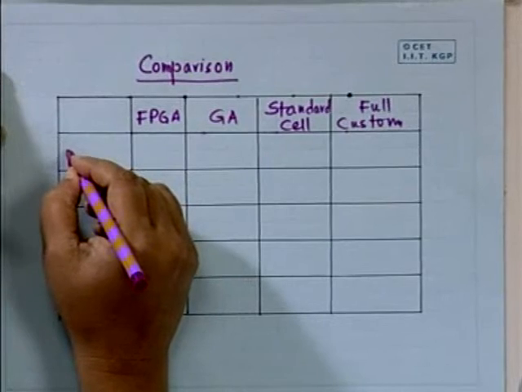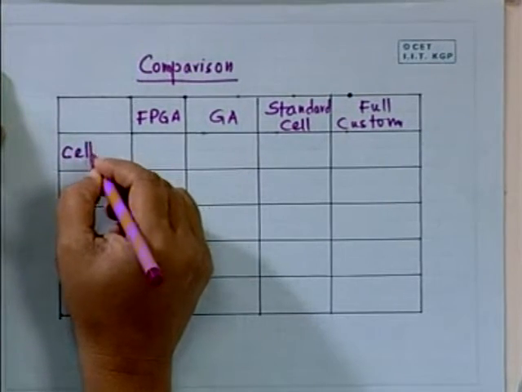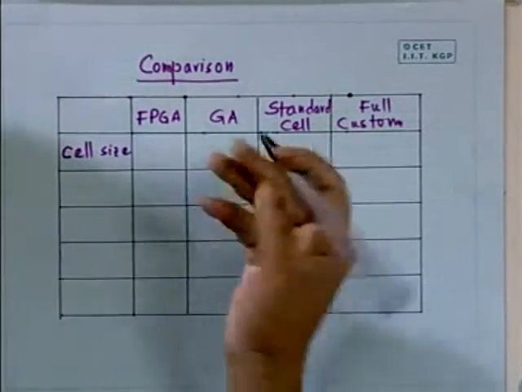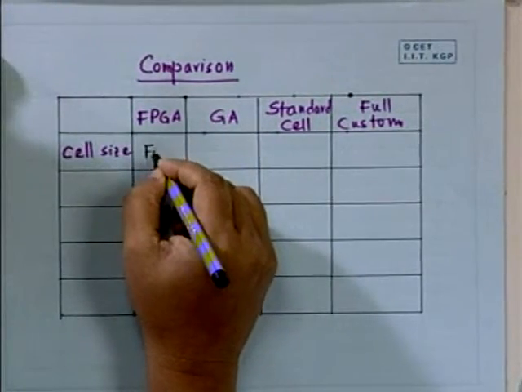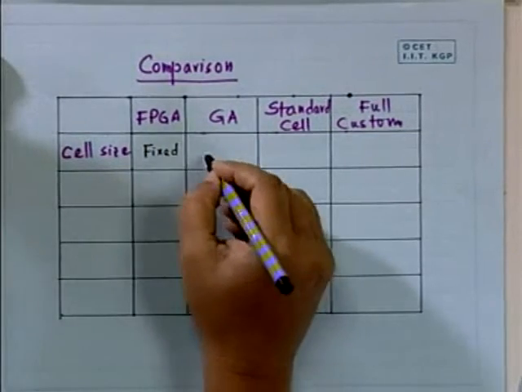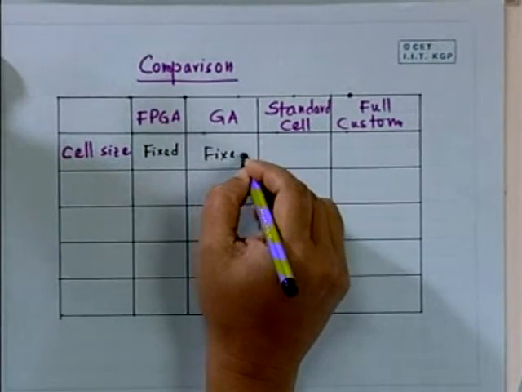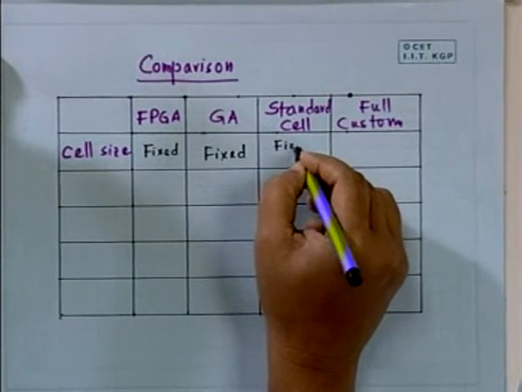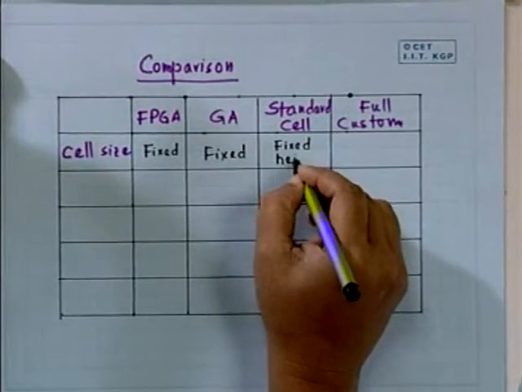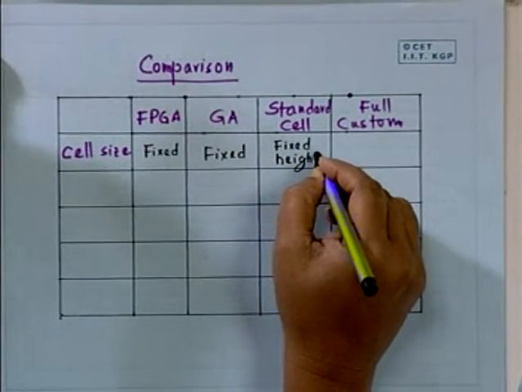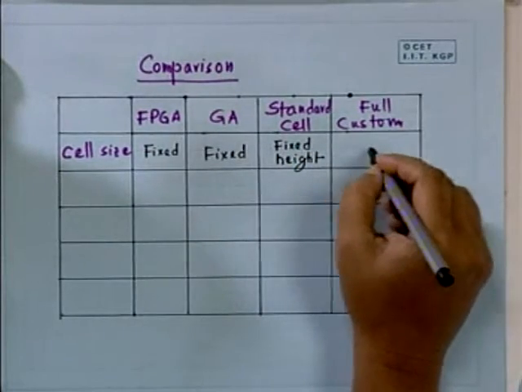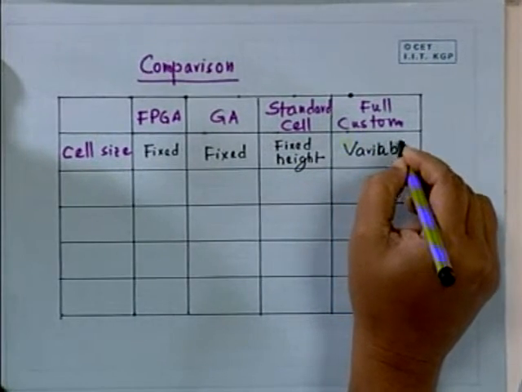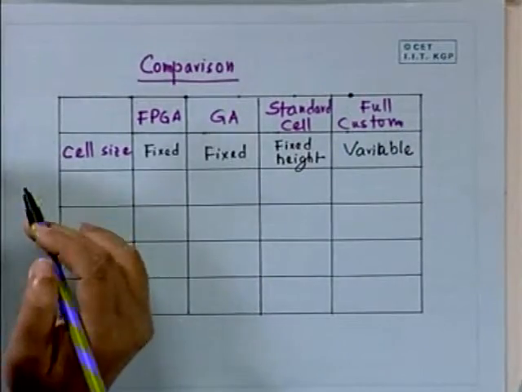Then we take cell size. Cell size here is fixed, because this is predefined. Here it is also fixed. For standard cell, only the height is fixed, because it is a row. But for full custom, it is totally variable. It is up to you, the designer.